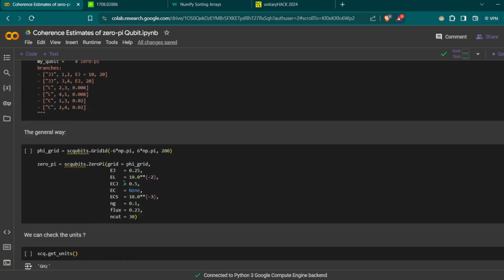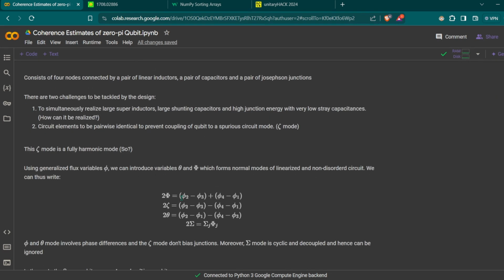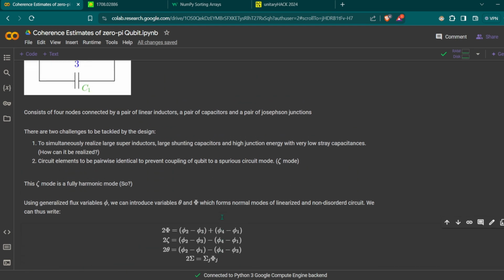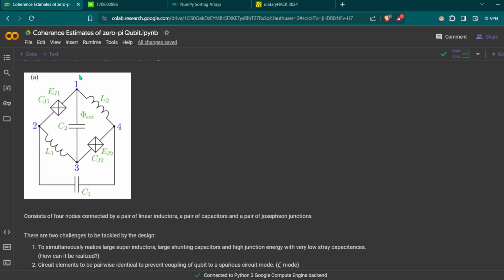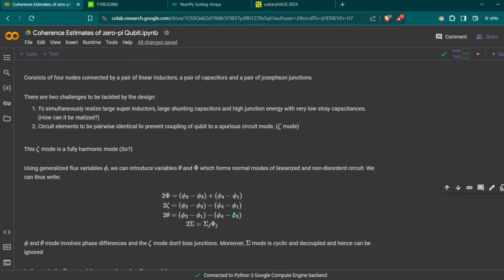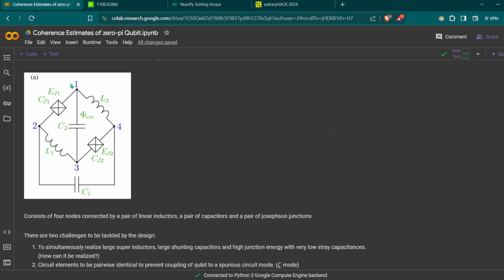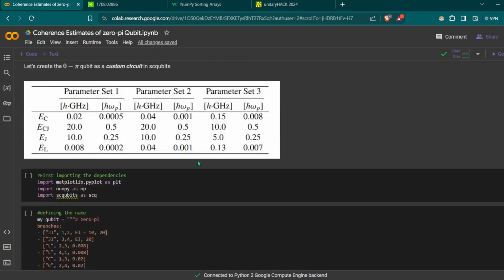If you see the earlier definition, we have defined the modes capital Phi and theta in terms of flux variables, that is phi 2, phi 3. And these values are also mentioned in terms of the nodes, that is phi 1, phi 2, phi 3, phi 4 for the 1, 2, 3, and 4 respective nodes.